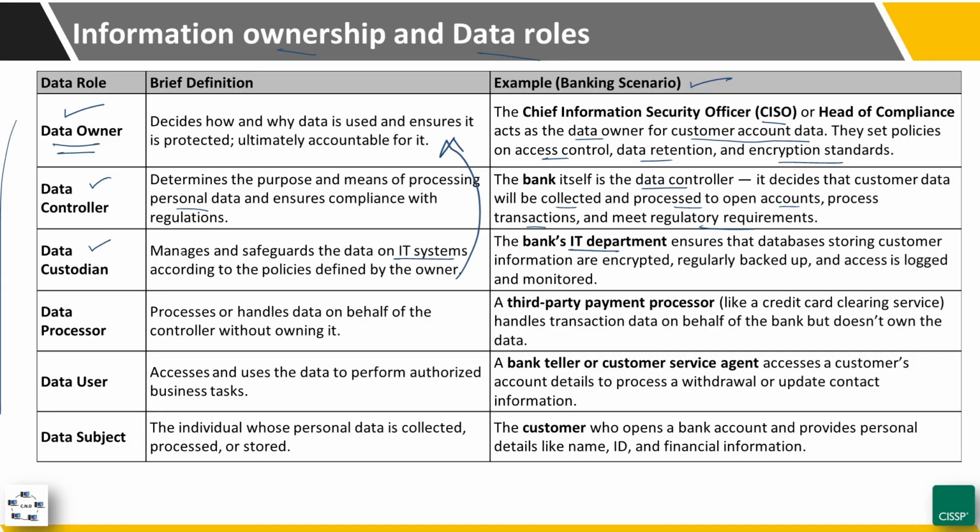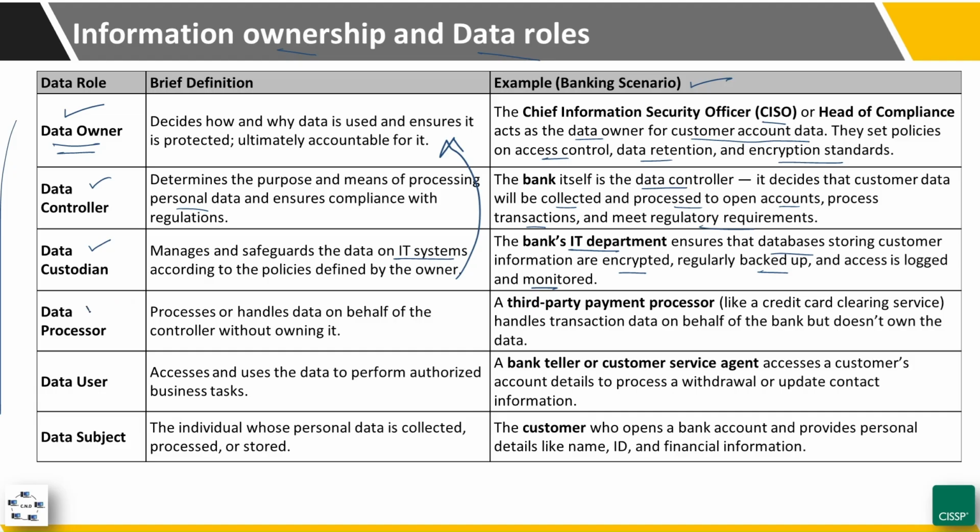Remember, the custodians are the IT guys that manage the data inside IT systems, such as the database administrator and the network admin. These are our data custodians. So the bank's IT department ensures that databases storing customer information are encrypted, regularly backed up, and access is logged and monitored.